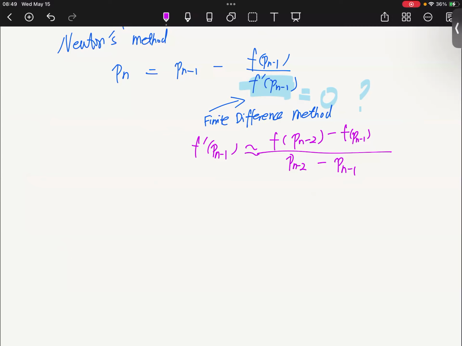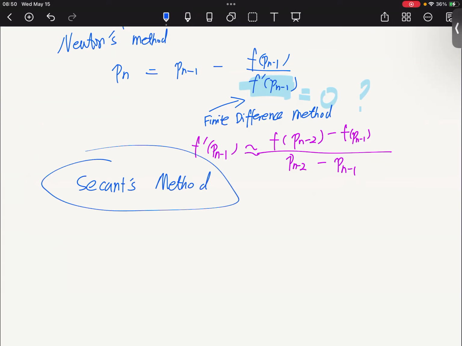This is how we avoid the derivative equals 0 issue. We use this blue part inside here, and this is called the secant method. This is how we avoid the first derivative equals 0 in Newton's method.